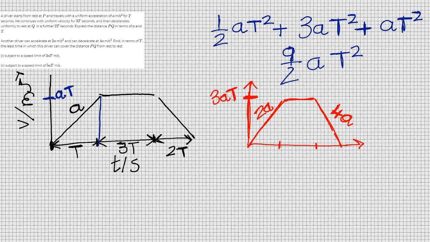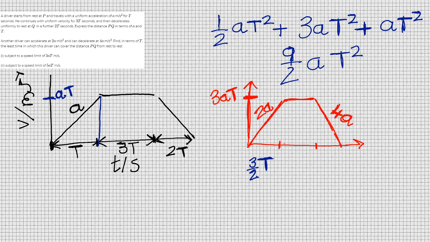So that can give us the base here, because again 3at over the base has to be 2a, so the base I think would be 3 over 2t. You can check it out.